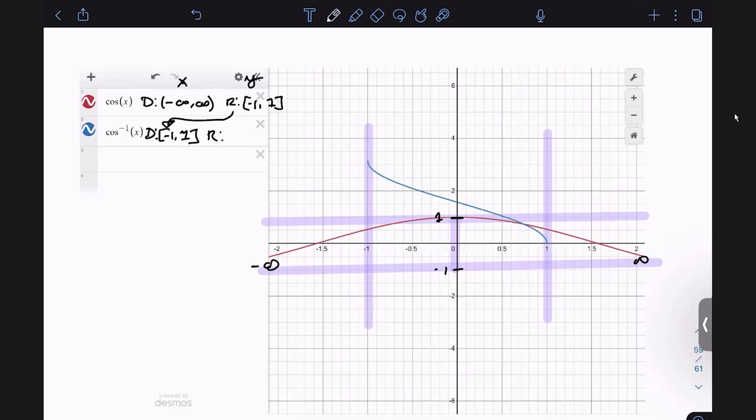So any x value is always going to be between negative 1 and 1. So it's never going to be here, it's never going to be here, because cosine of x never gives us any values that are less than negative 1 or greater than 1.